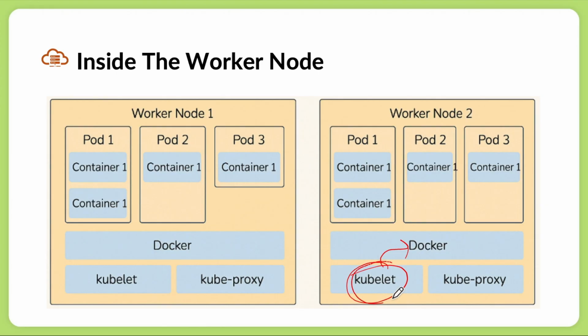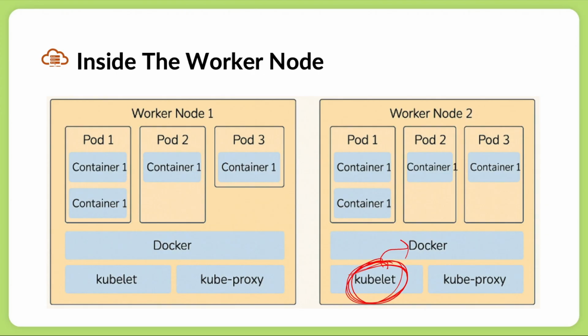Then again, the kubelet regularly checks and makes sure your containers are running and healthy. If something goes wrong, if a container crashes or misbehaves, then the kubelet goes ahead and restarts it, and also reports it back to the control plane. So again, you see it makes sure this is healthy, this is running.